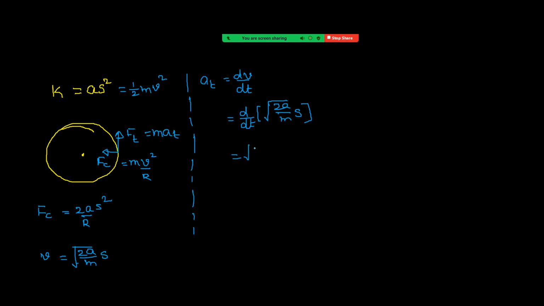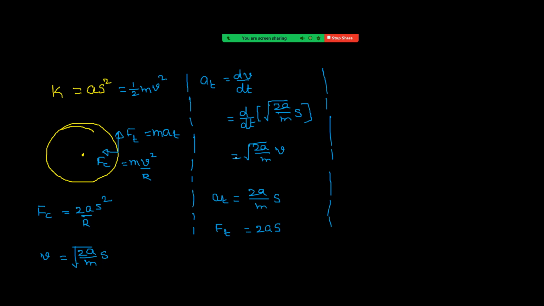That means it is root of 2a by m, which I am taking outside, times ds by dt, that is equal to speed. So in place of speed, take this value here. It becomes 2a by m into s. So m into that gives the tangential force. So tangential force equals 2as. Okay. So we got now tangential force and centripetal force.